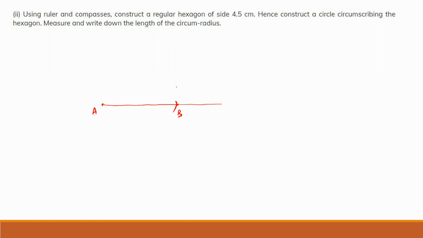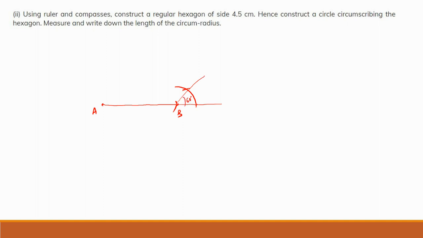From here, draw the arc like this through the compass, and putting it here, cut it like this. Put your compass on this point, and cut this arc here. So this will be at an angle of 60 degree.